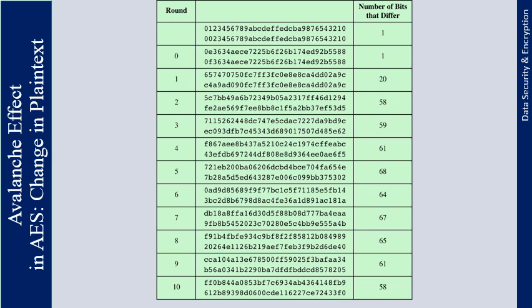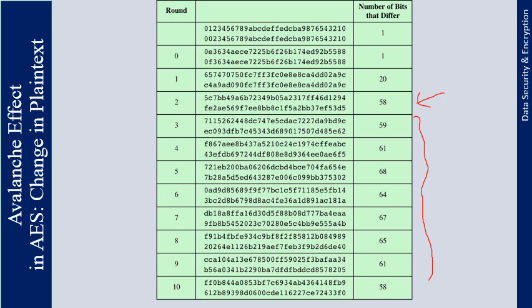The magnitude of difference propagates through the remaining rounds. A bit difference of approximately half the positions is the most desirable outcome. So as you can see, after round 2, we get approximately 60 to 65 bit difference after each round.